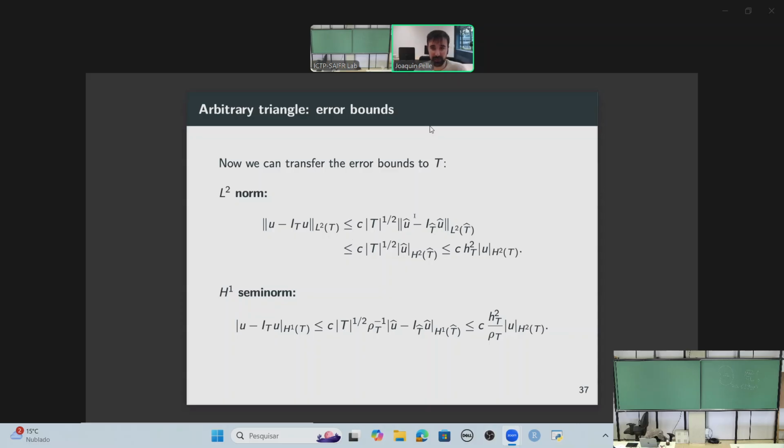And finally, using the corollary here, we can obtain this bound here, right? And finally, for the H1 semi-norm, we can do the same thing. It's essentially the same logic, and we get now a bound here that depends on HT and also on the quotient between HT and rho t, right?